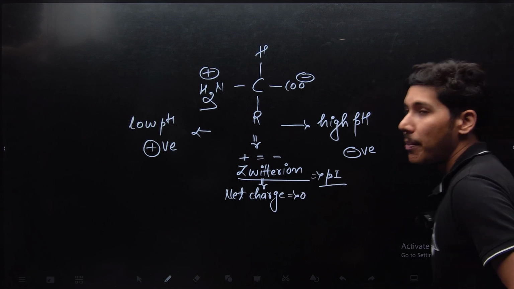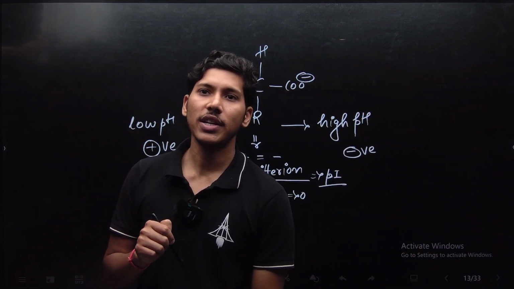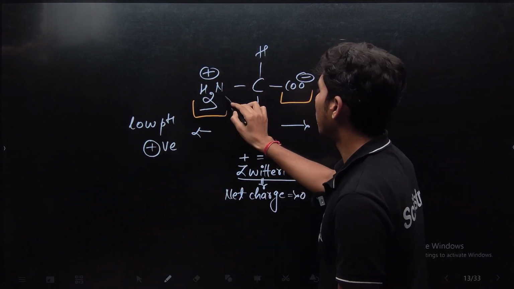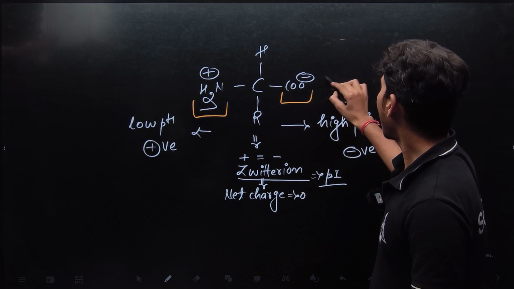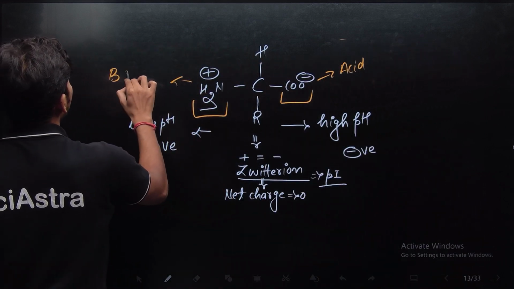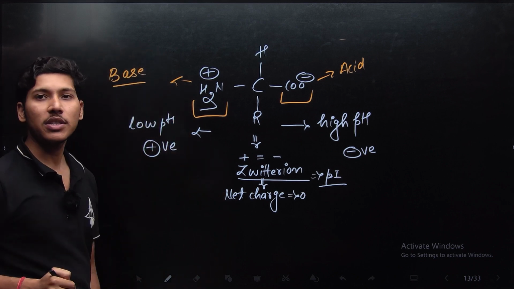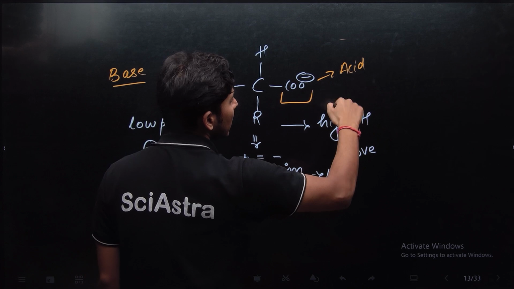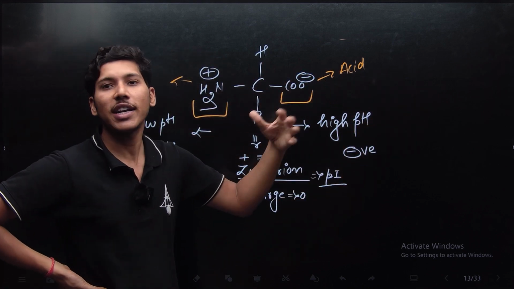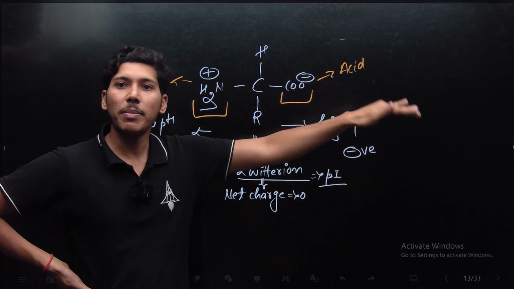Now, amino acids have a very unique feature that they have two ionizable groups. One is an acidic group and one is a basic group. We know that the basicity of a base increases at acidic pH, and the acidity of an acid increases at basic pH, because an acid tends to release H plus ions, which is more facilitated in basic pH.